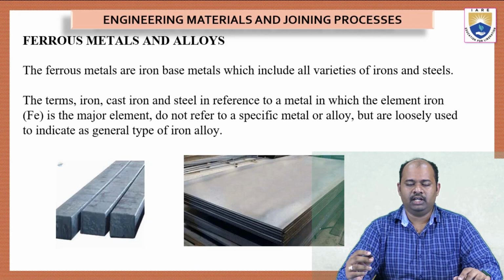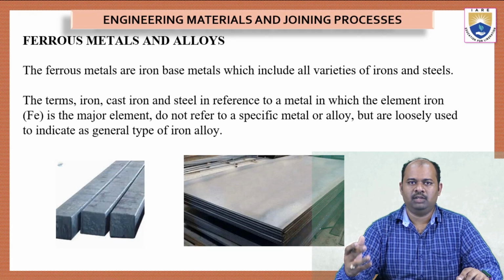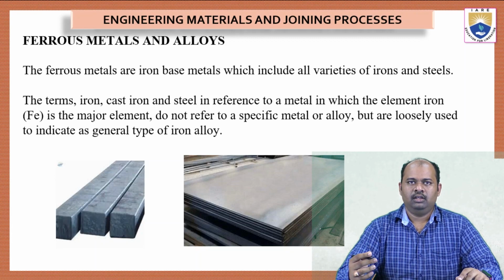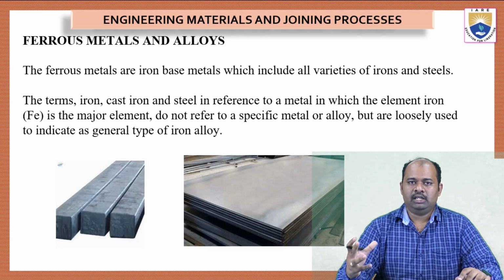Ferrous is the elemental name of iron. If any metal has a higher percentage of this ferrous, it can be called a ferrous metal. Otherwise, it can be called a non-ferrous metal. It does not refer to any specific metal or alloy. The name itself indicates that the metal contains some amount of iron.